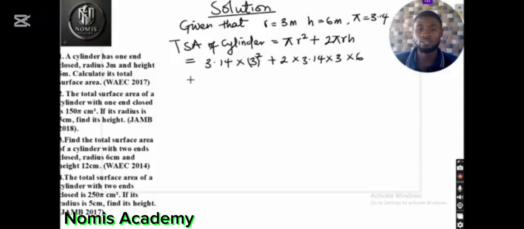So this is equal to 3.14 multiplied by 9 plus 2 times 3.14 multiplied by 18.